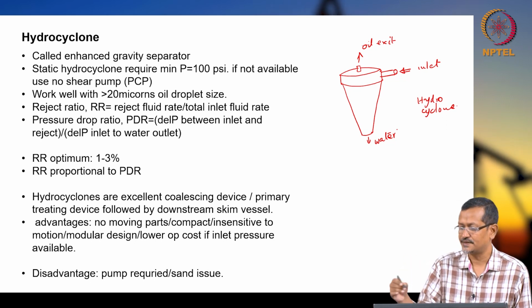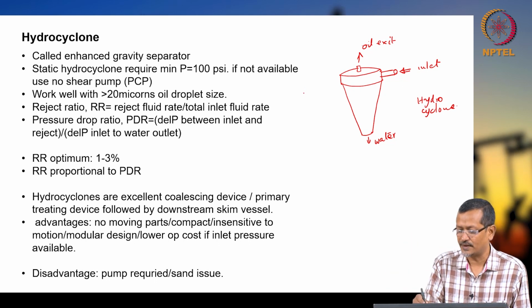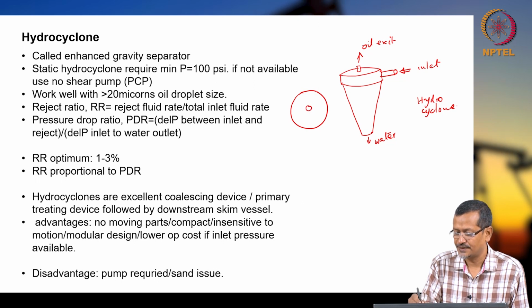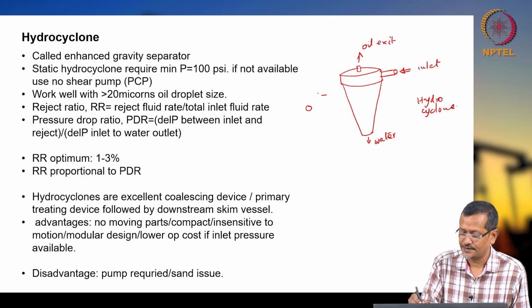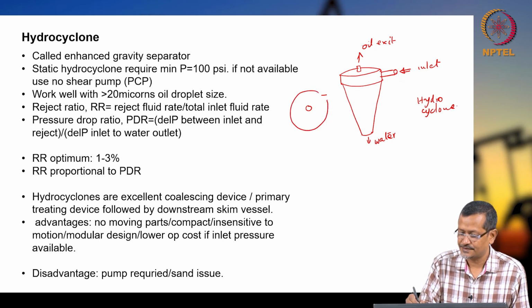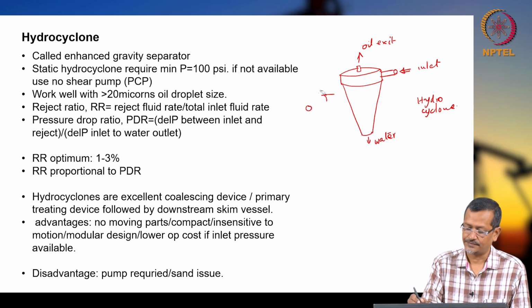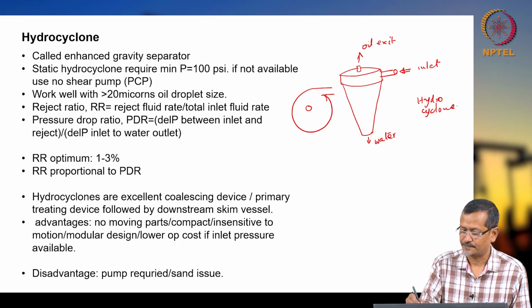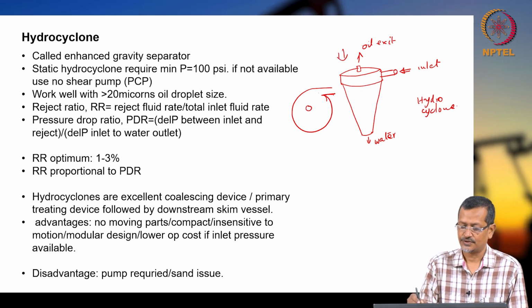How is it working? Let's say top inlet section, if I take top view, it will be looking like this. One hole is here, another hole is here. From top view, it will look like this.